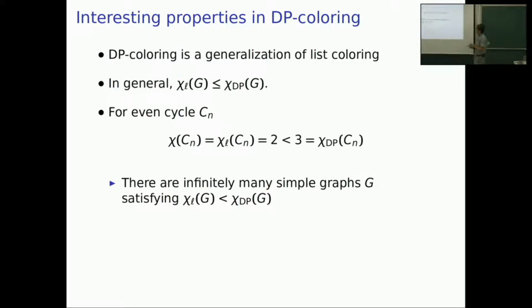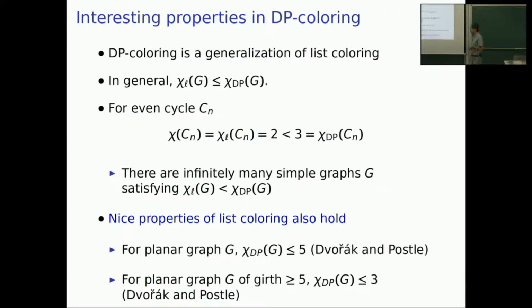But the interesting situation is that for even cycles, the DP-chromatic number is always 3, but the choice number is 2. So also we can find many examples where the DP-chromatic number is greater than the choice number. But the good thing is many properties of list coloring also hold for DP coloring.